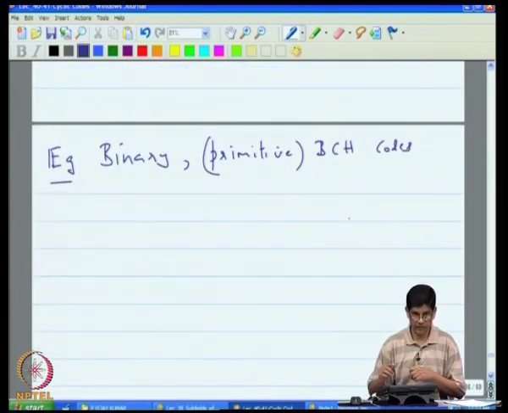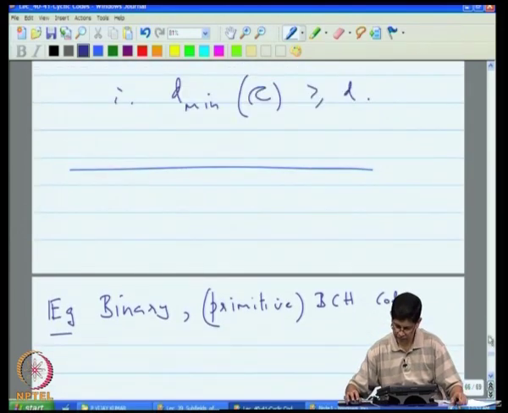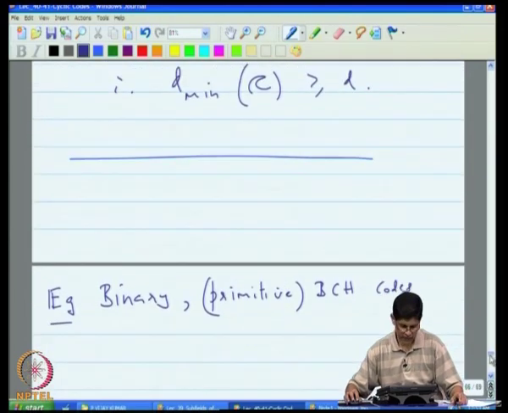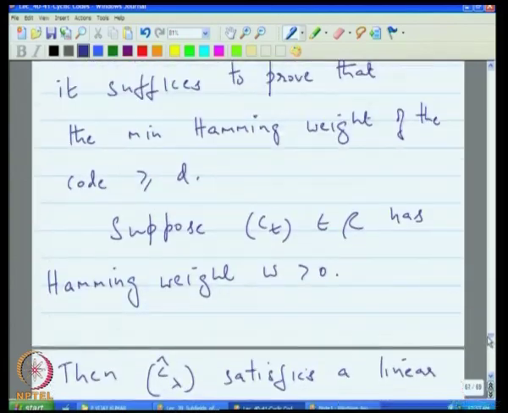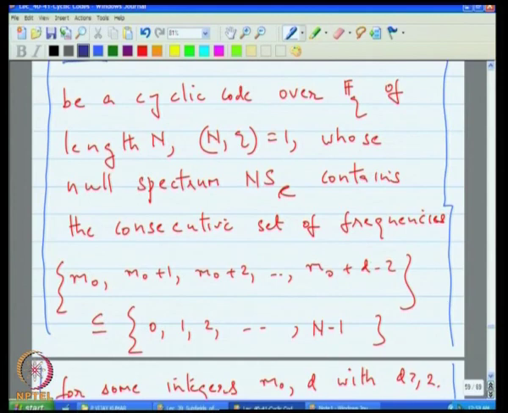So, the BCH class of codes falls into the class associated with this theorem. Okay. So, BCH codes turn out to be codes having a null spectrum which contains a consecutive set of frequencies.